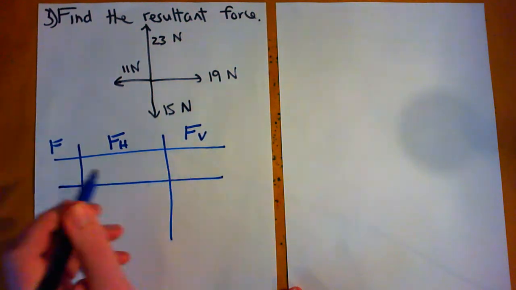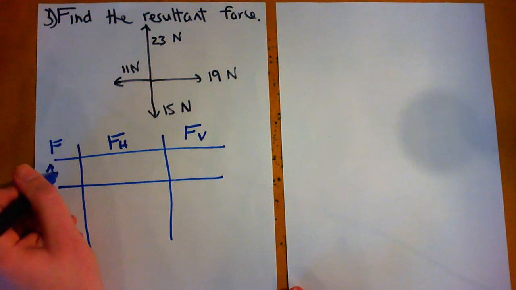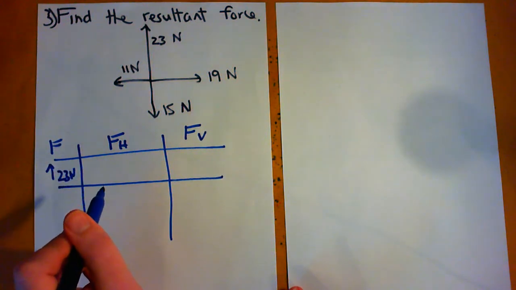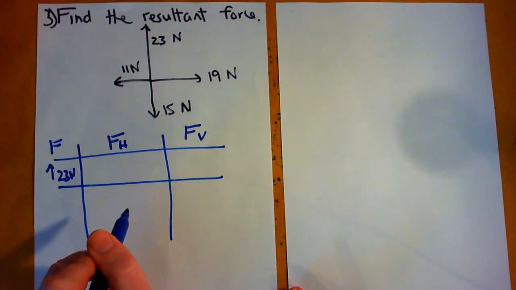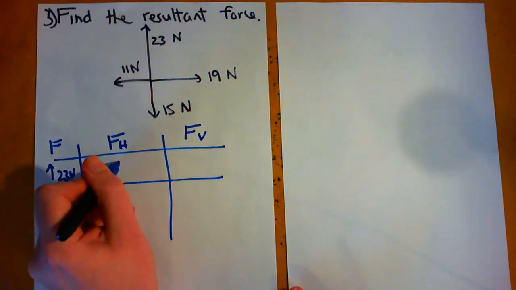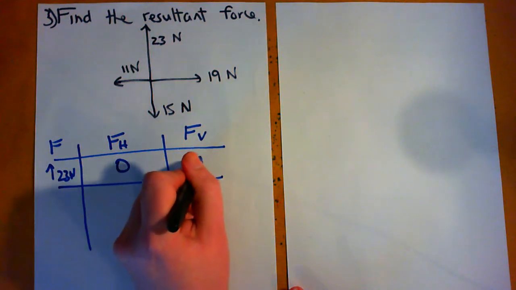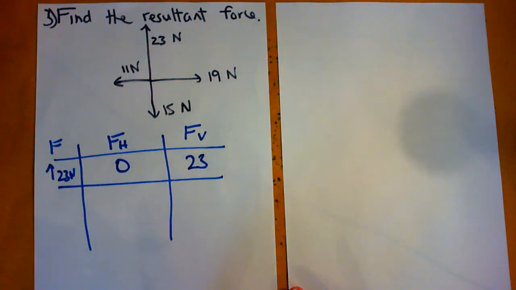Let's start with the 23 Newton force. The horizontal component of this force will be 0, since this is exactly a vertical force. The vertical component is 23, and as it's pointing upwards, that's positive 23.